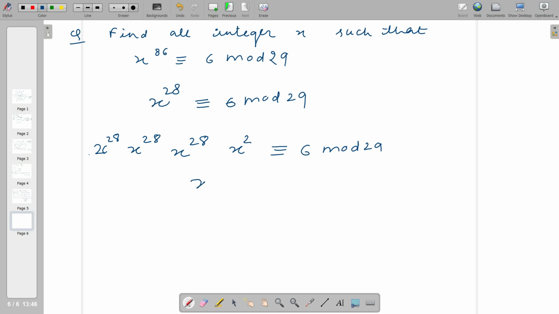So now it will be x square is congruent to 6 mod 29.